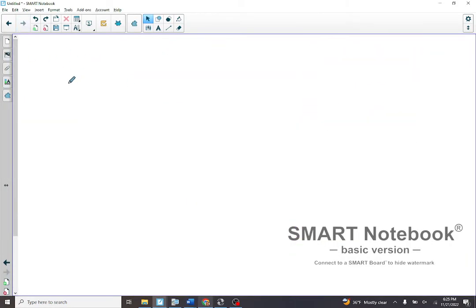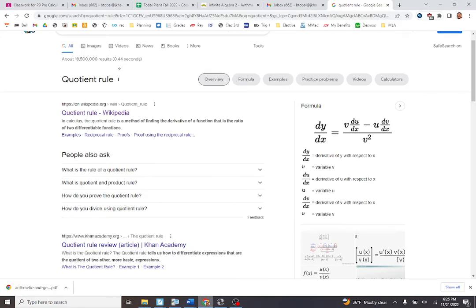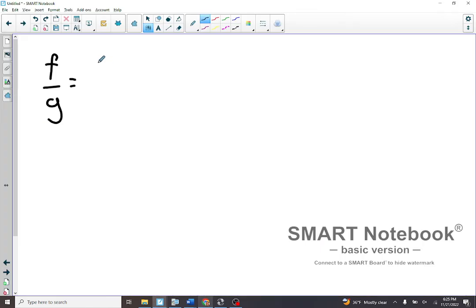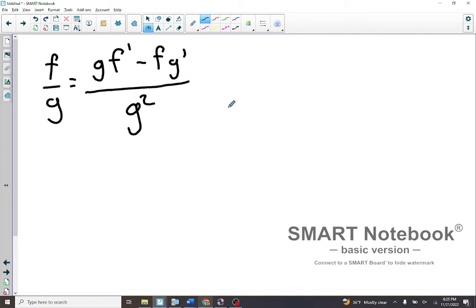So for this one, we're going to do f over g. So when we have a division, and the rule is, and I have to check this because I don't want to make a mistake here on the video at least, g f prime minus f g prime, so I guess you could think of it as the bottom should go first, over g squared.